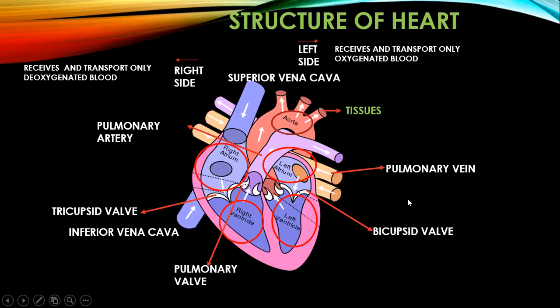Then you have two more valves: the pulmonary valve, which is present between the right ventricle and the pulmonary artery, and the aortic valve, which is present between the left ventricle and the aorta. The pulmonary valve together with the aortic valve is called the semi-lunar valves.